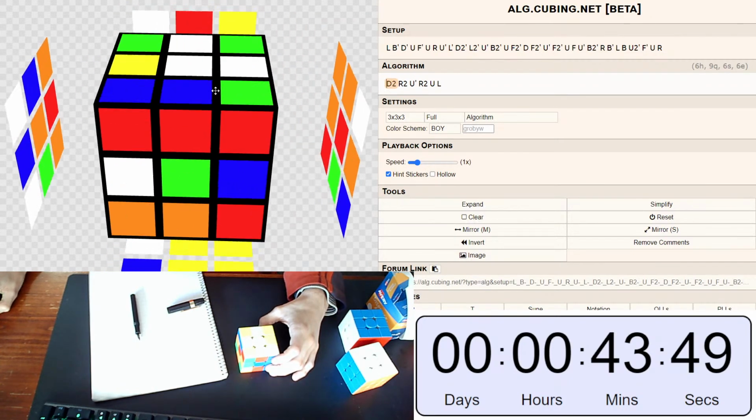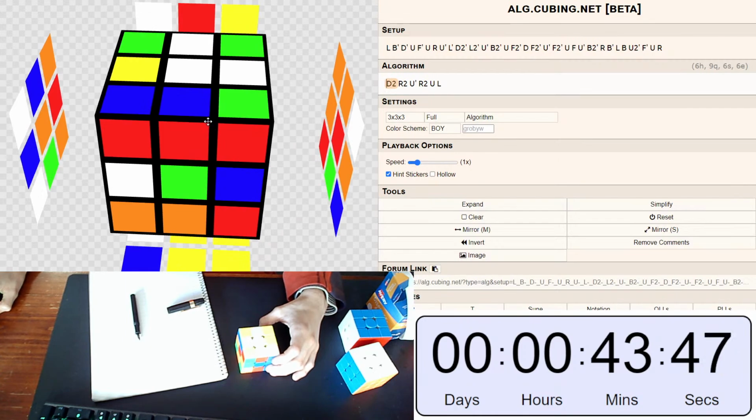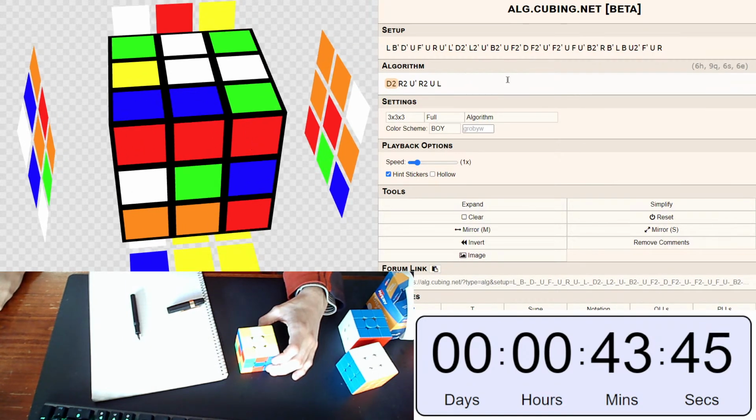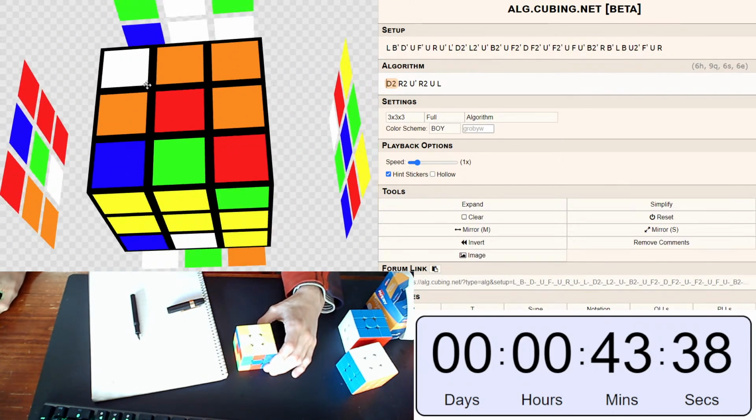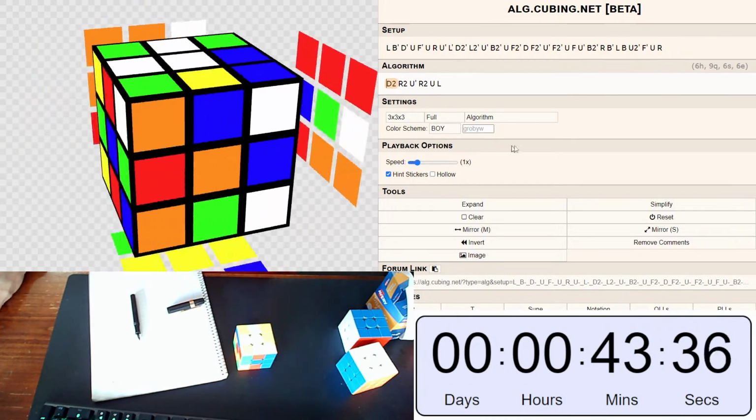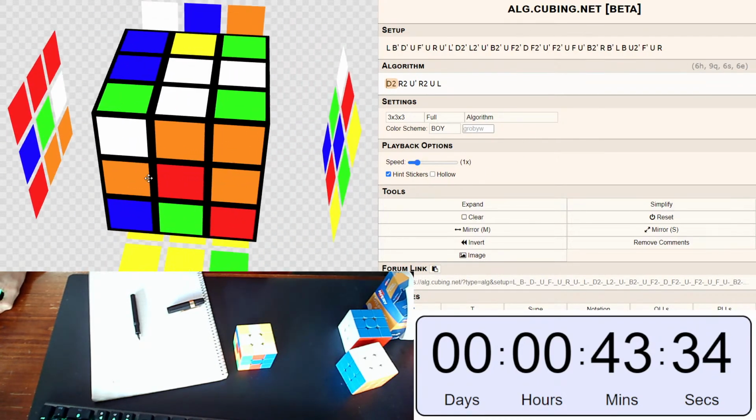So something's wrong here, but I'm not sure what. This is a completely different DR case.